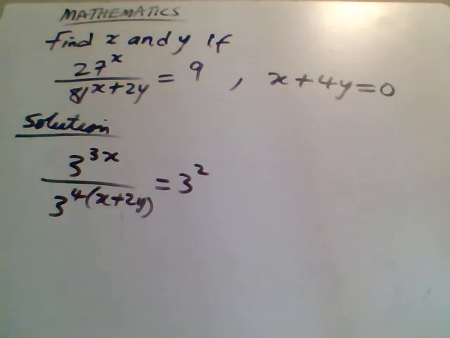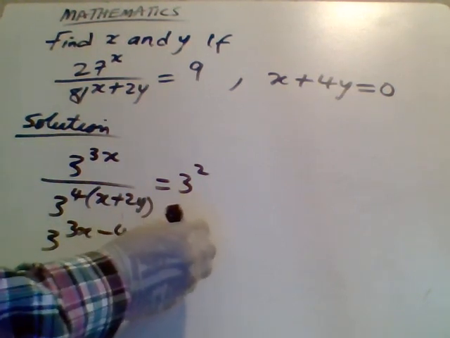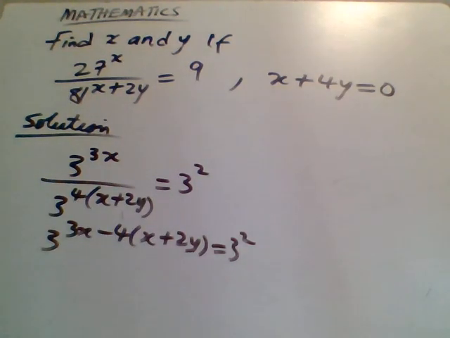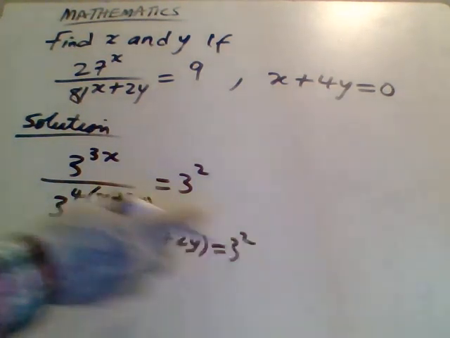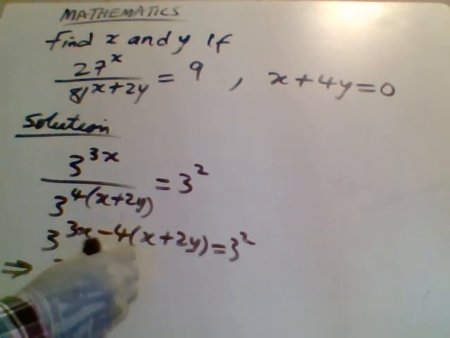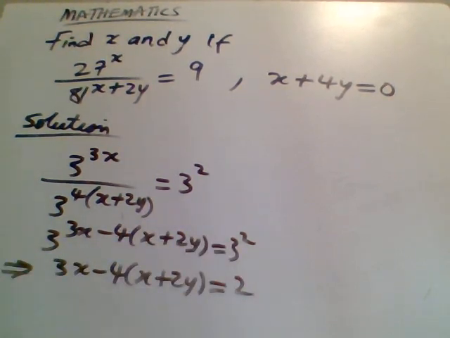The next thing you have to do is to apply the law of indices. We have 3 raised to the power 3x minus 4 in bracket x plus 2y is equal to 3 raised to the power 2. The bases are the same, so we equate the powers. So this implies 3x minus 4 in bracket x plus 2y is equal to 2.